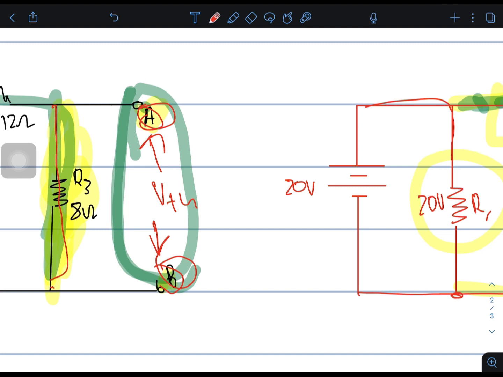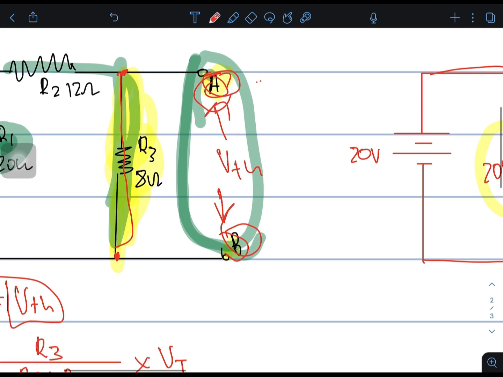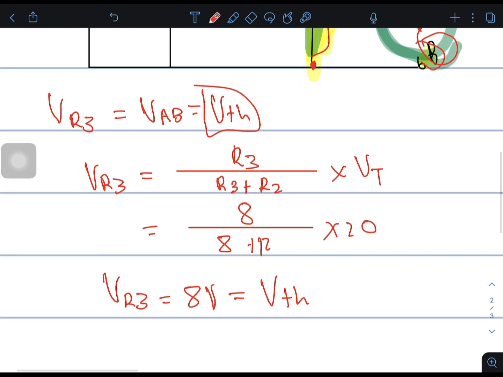Hence, if we calculate the voltage across R3, we have basically calculated the voltage across A and B. It's like when you put your multimeter to measure the voltage across a resistor, you connect it in parallel with the resistor. These two, terminals A and B, are connected in parallel with that resistor. Hence, that is why we're calculating VR3 to find the Thevenin voltage.